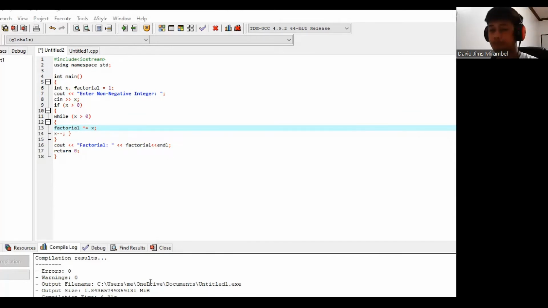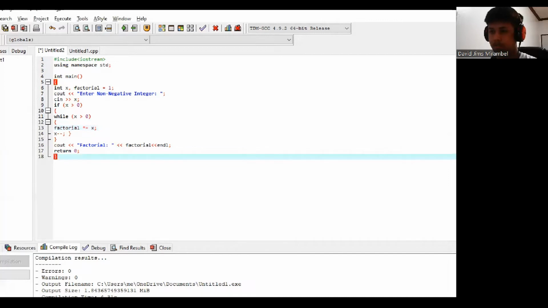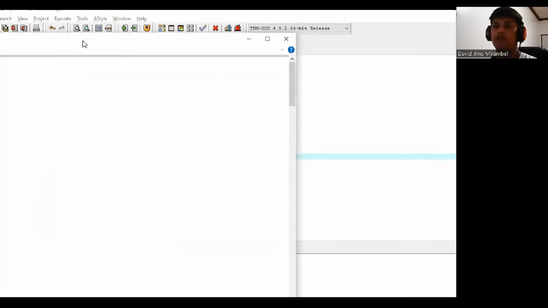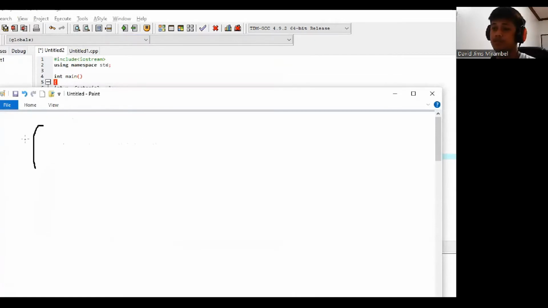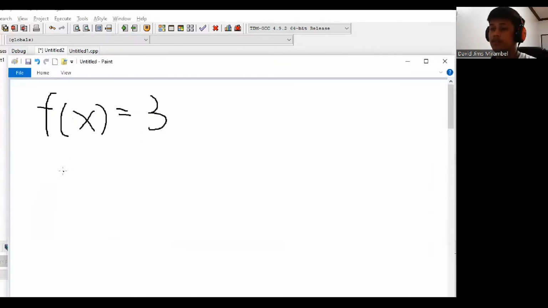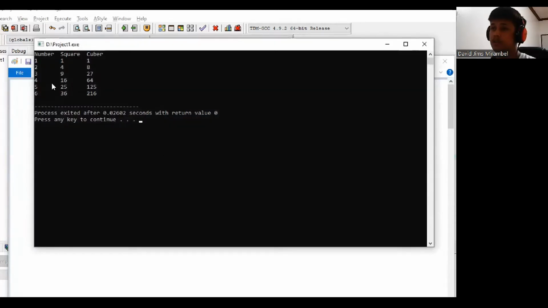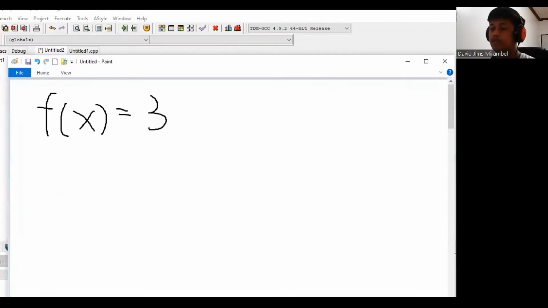For example, if you have f of x equals x cubed, and you are given 4, so we use the 4.